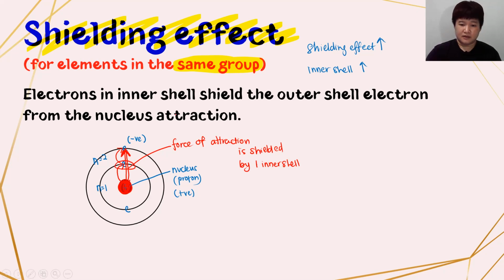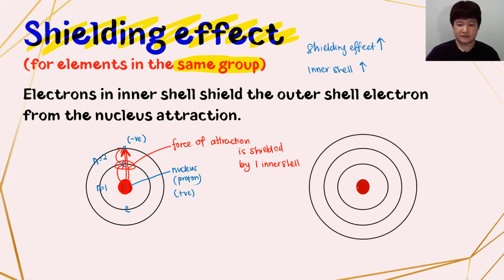Okay? And let's compare with this. Again, that is your nucleus, in which you have your protons and the positive charge. So you have your inner electrons, and that is your outermost electron, your valence electron. Your nucleus attraction will be all the way from the nucleus to the valence electron.